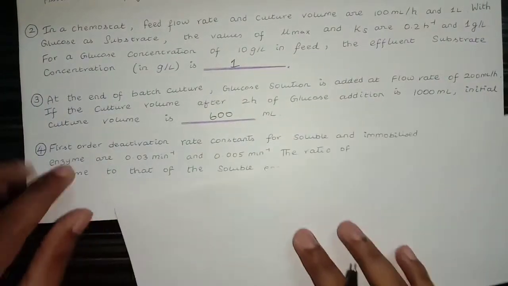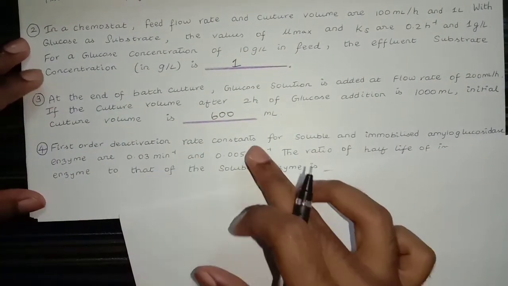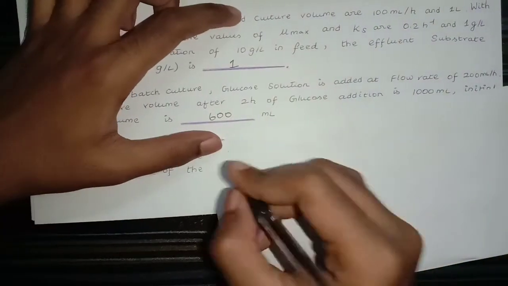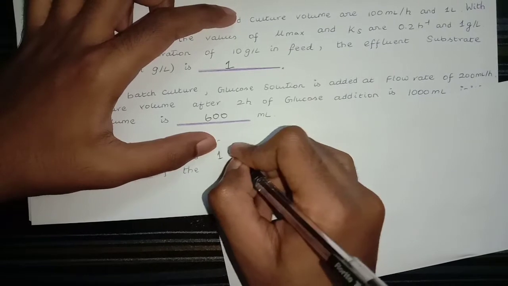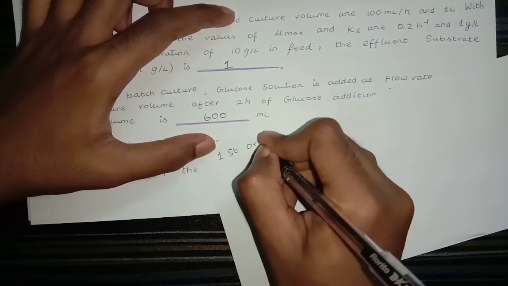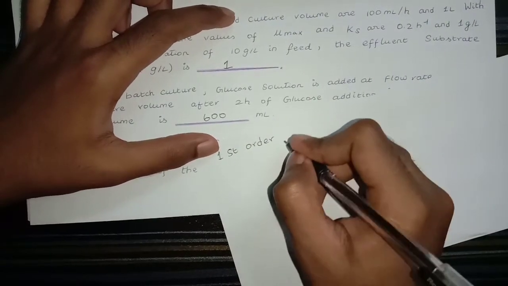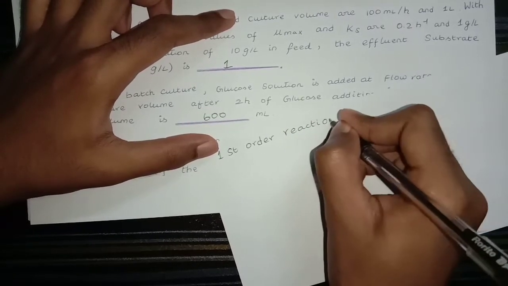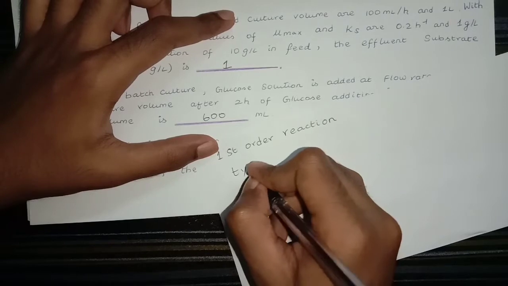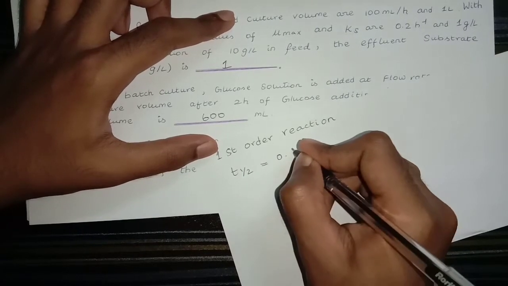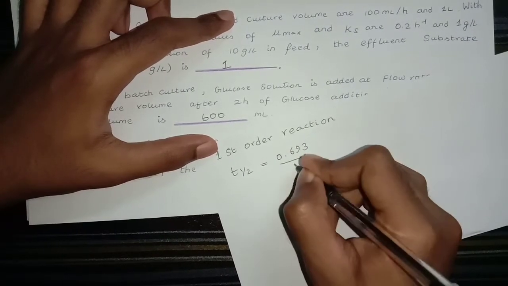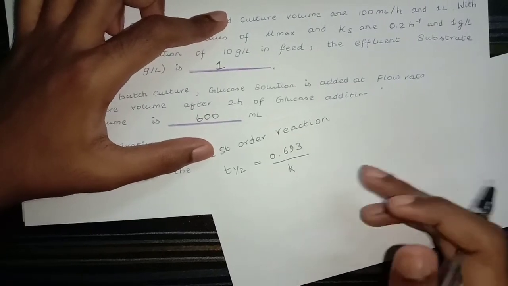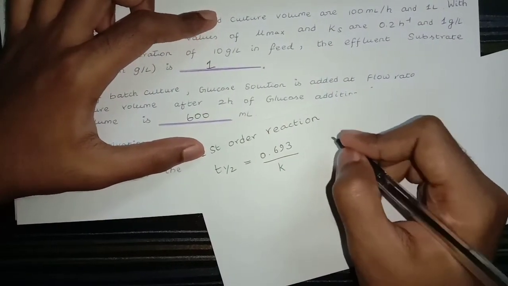Given that it's a first order deactivation rate constant, it's a first order reaction, and we know the formula for T half is equal to 0.693 over K, where K is the rate constant, and 0.693 is nothing but ln 2.